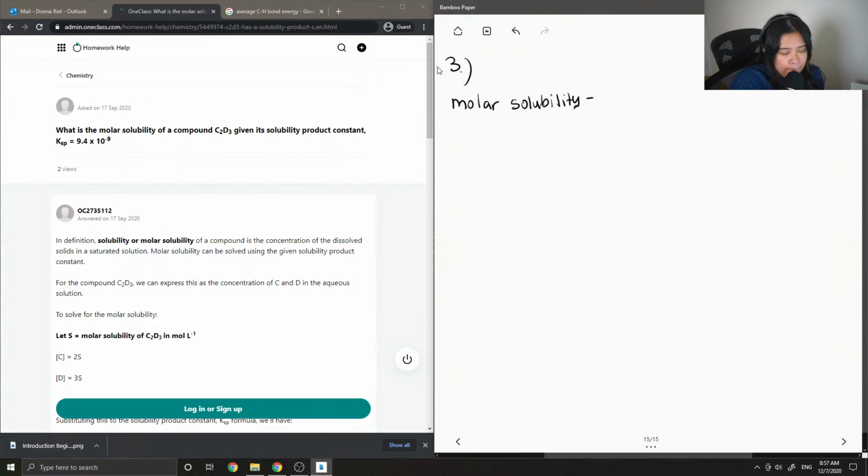So molar solubility is the number of moles of solute that can be dissolved per liter of solution.